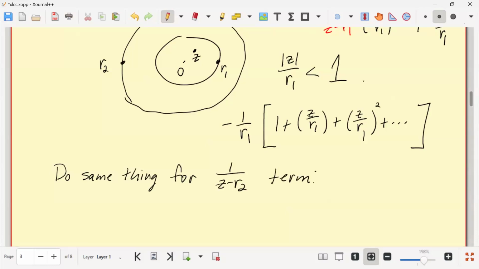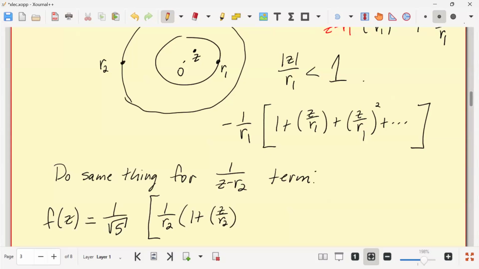And so when I do that, I get that my function is 1 over the square root of 5. The first one would be 1 over r2, 1 plus z over r2 plus z over r2 squared, etc. And the other one is minus 1 over r1, that stuff up there, 1 plus z over r1 plus dot, dot, dot.